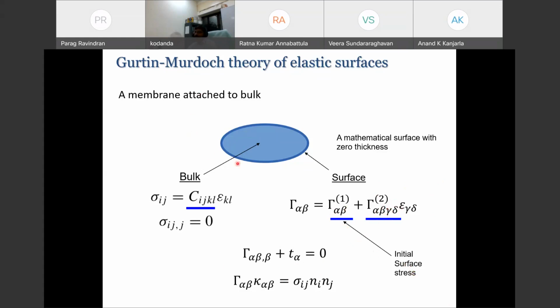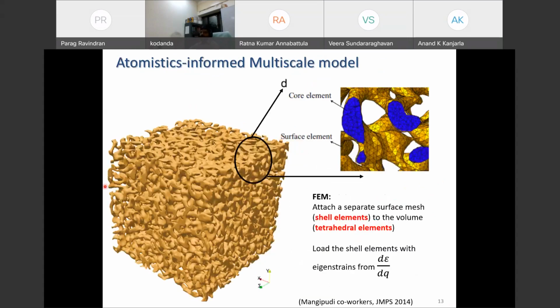So what we imagined is that let us consider the nanoporous structure. Here we cannot use the atomic description because it's computationally impossible to deal with, and therefore when we wanted to handle large volumes, the only way is to go for a continuum approach.